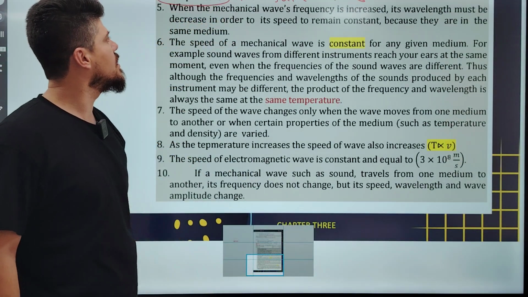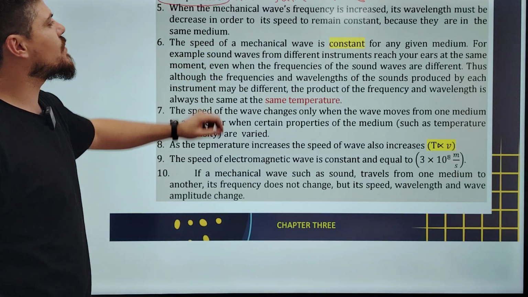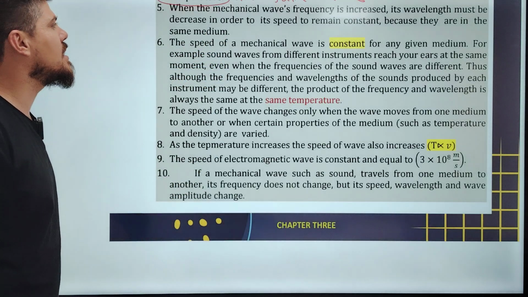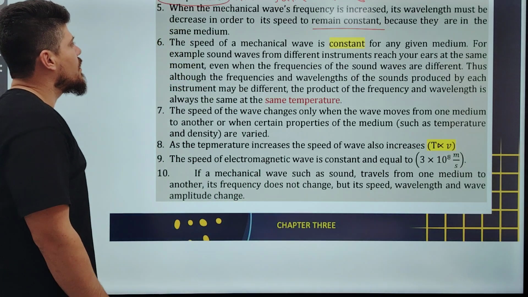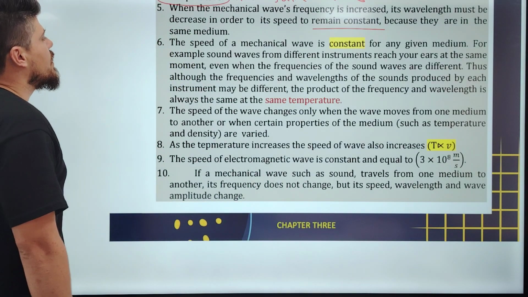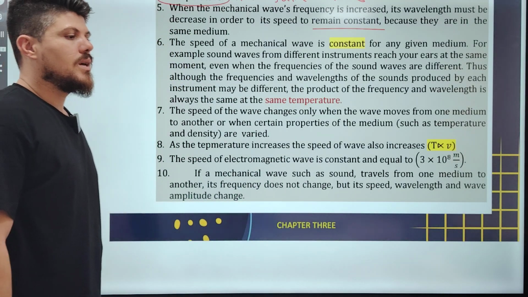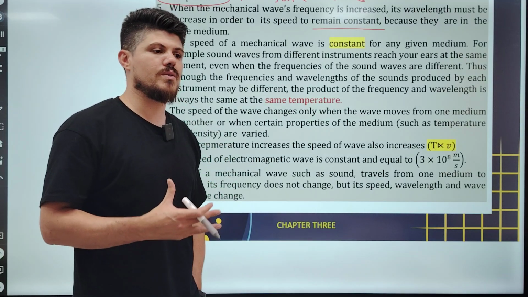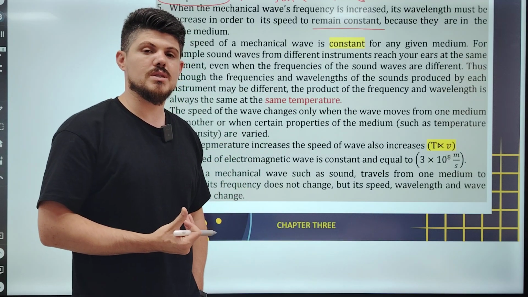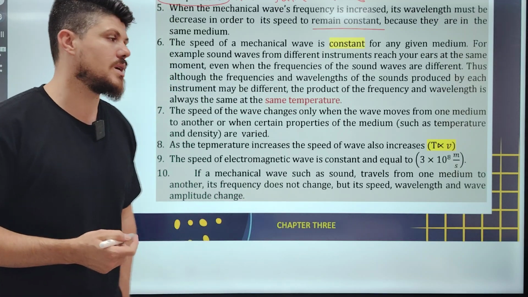When the mechanical wave's frequency is increased, its wavelength must decrease in order for its speed to remain constant, because they are in the same medium. For example, in the same medium, if the frequency increases, what happens to the wavelength? The wavelength decreases, because it is inversely related at constant speed.